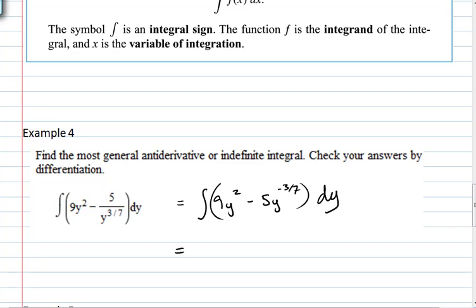So, what do we do to the exponent here? Add 1 and then divide by the new exponent. Minus, if we add 1 to negative 3/7, we get 5y to the 4/7 divided by 4/7 plus c.